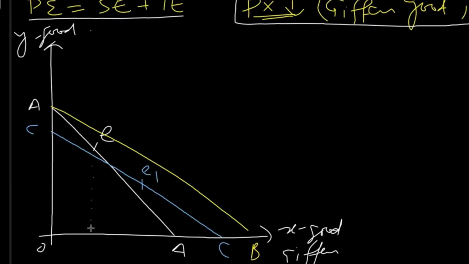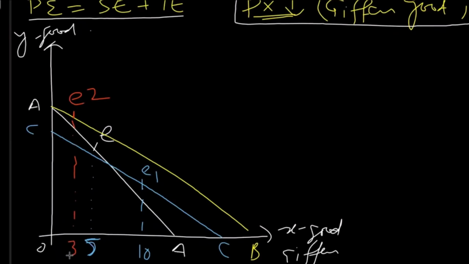Let's say this quantity is 5, and this quantity is, let's say, 10. And now equilibrium for given good due to fall in its price will move to point E2, and now the new combination will be, quantity is, let's say, 3.